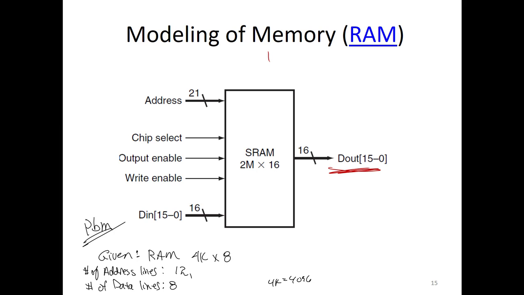Now, when we're ready to actually look at the output, we could enable the output. And when we're ready to write information in, we could use a write enable to take in information. So this one has separate, this is not bidirectional. You have separate input pins for writing in information, and you have separate pins for reading information.